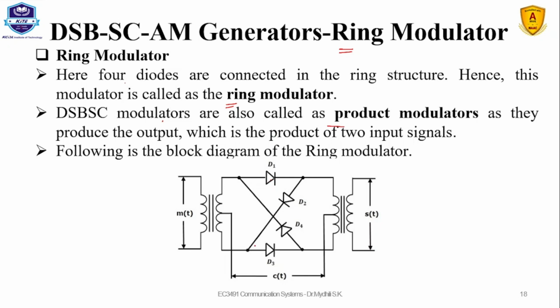This is the structure of the ring modulator circuit, where two center tap transformers are used to give the input to the balanced modulator. Here the message signal is fed to one end of the input, whereas the carrier signal is taken between these two transformers, this is transformer 1 and this is transformer 2, to feed between the two modulator structures we have seen in the earlier case.